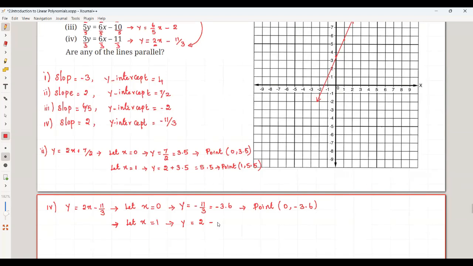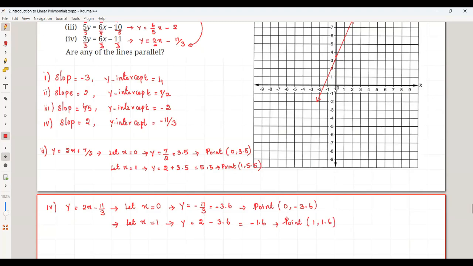We can take 11 by 3 as approximately 3.6. So 2 minus 3.6 is minus 1.6. Therefore the point is 1 comma minus 1.6. We'll just plot the points.